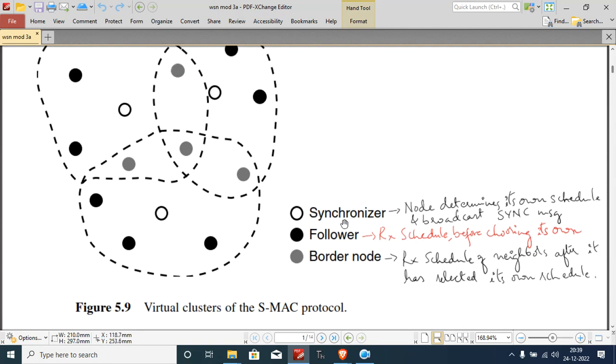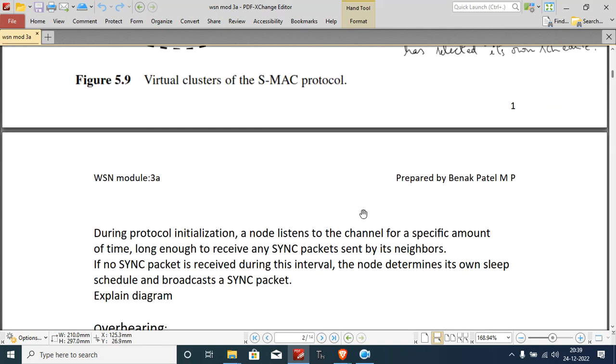Now let's see how exactly these nodes get converted into synchronizers. Initially, during protocol initialization, a node listens to the channel for some amount of time, long enough to receive any sync packets sent by its neighbors. If no sync packet is received during this interval, the node determines its own sleep schedule and broadcasts a sync packet.